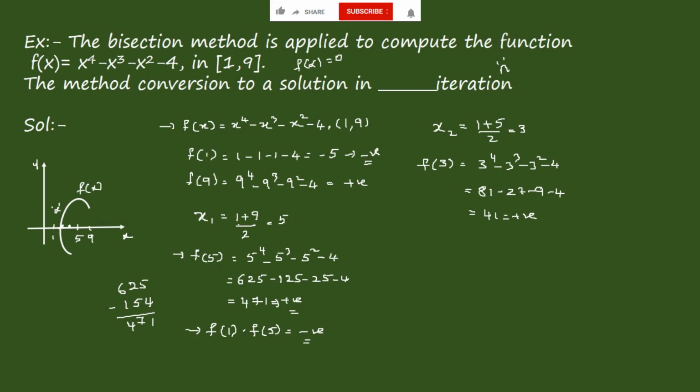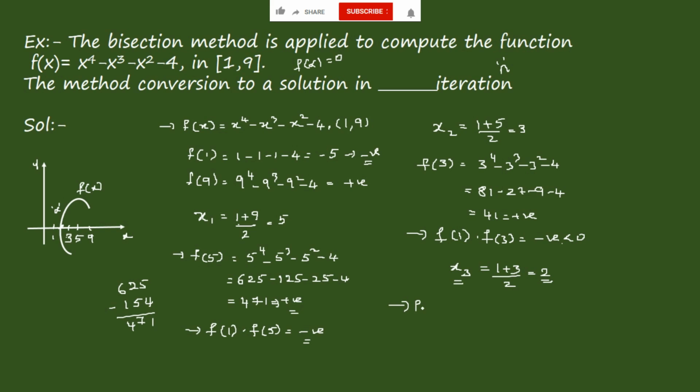So the root is again between 1 and 3, since f(1) times f(3) will be less than 0. We get the x3 value as (1 + 3)/2, which is 2, the next iteration value.